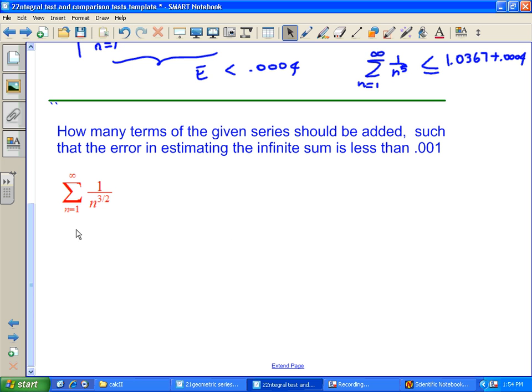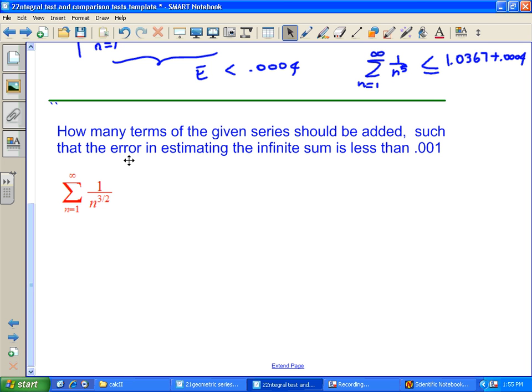So I'm giving you a series, and I'm saying, how many terms should we add so that this infinite sum can be estimated with an error less than 0.001?